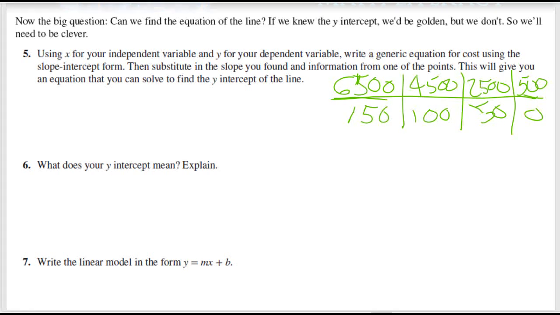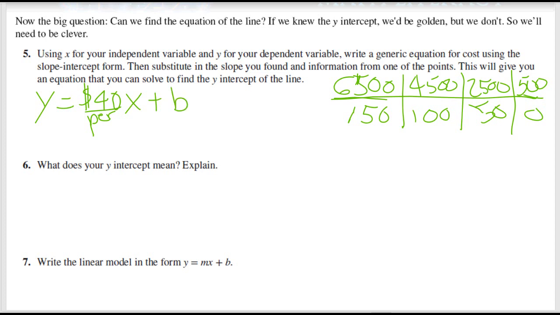What the book is actually asking you to do, though, is write the generic equation. Y is the cost, and we know that 2,000, I'm sorry, $40 per person times X is going to give us the cost based on the number of people, but then they're going to add a y-intercept.